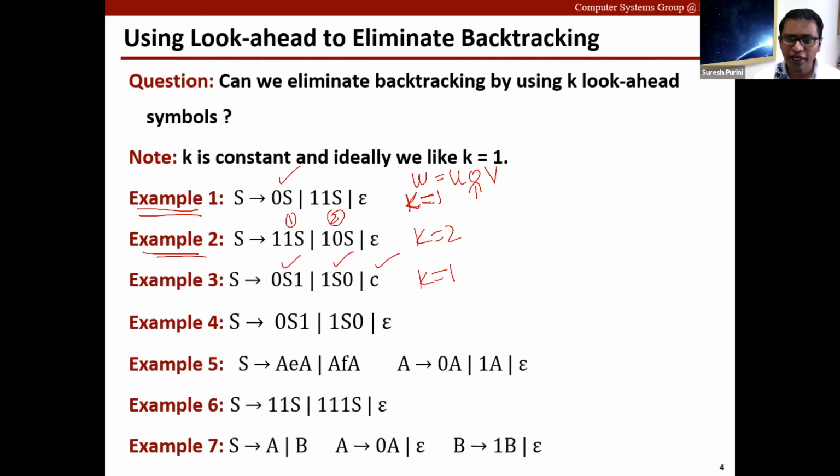So from this, you can get intuition on how we can parse programming languages using this idea of lookahead. For example, if the next keyword is for, then you can use a substitution rule which generates a for statement.